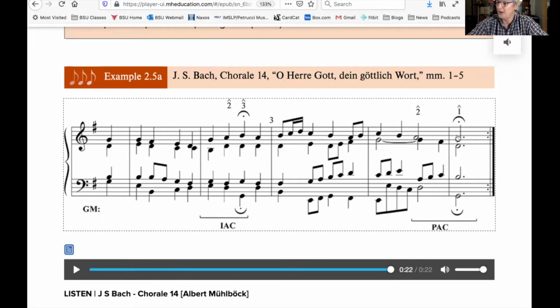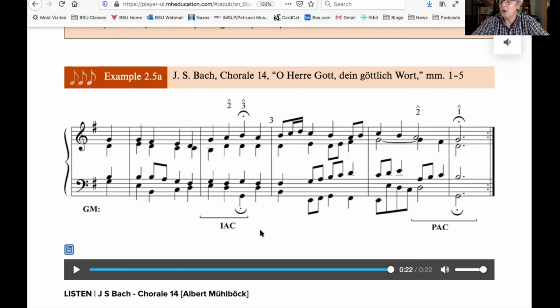Example 2.5a is an example of a musical period, and this is a term that you need to know. A period is a formal unit of 2 phrases, occasionally of 3, in which the first phrase ends in a less conclusive cadence and the second phrase ends in a more conclusive cadence.